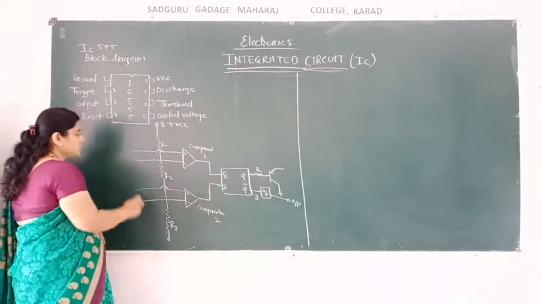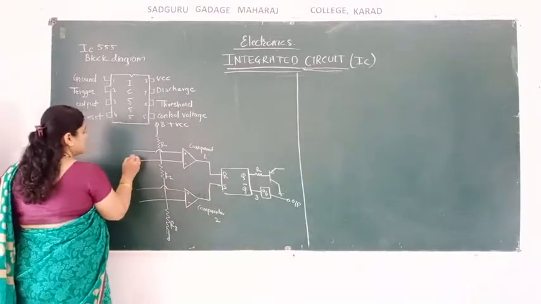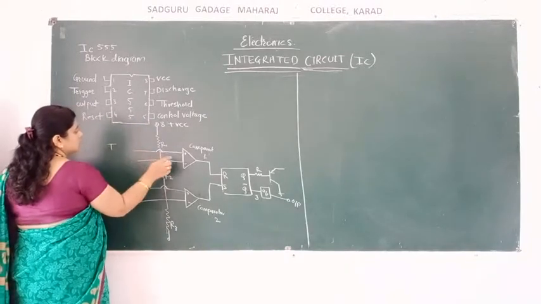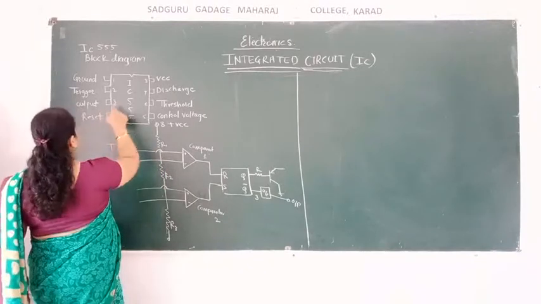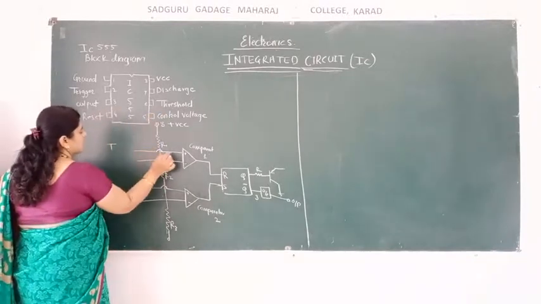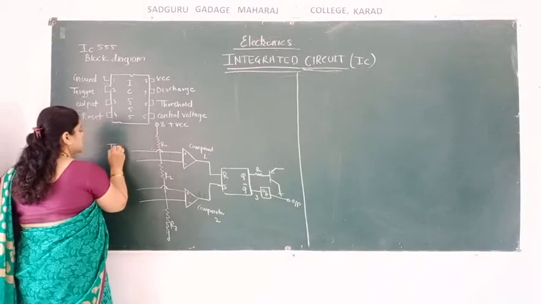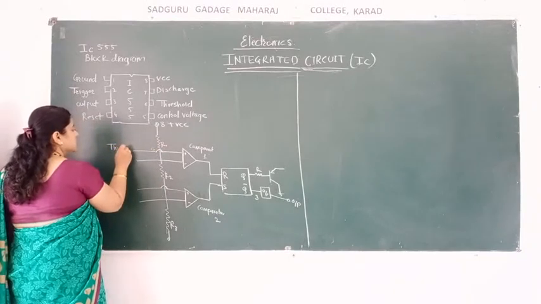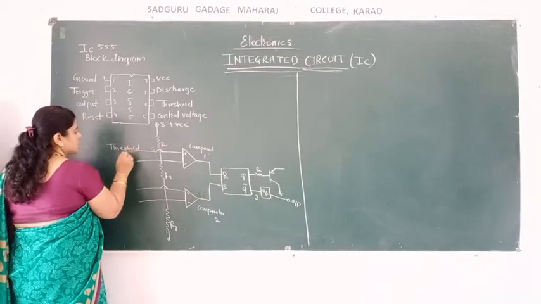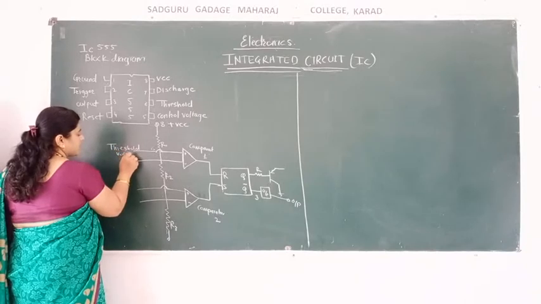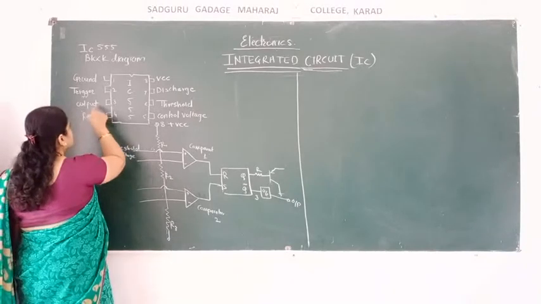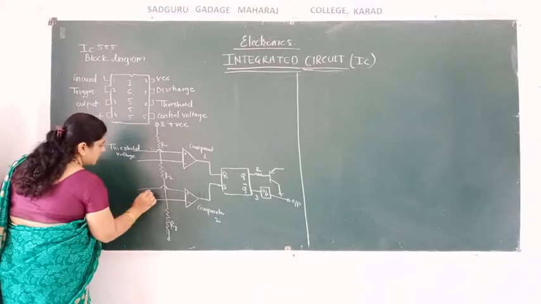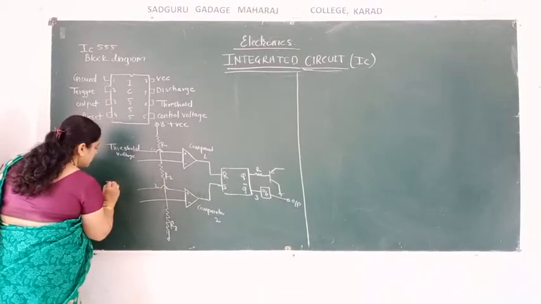Pin number 6 is the threshold voltage, and pin number 2 is the trigger voltage.